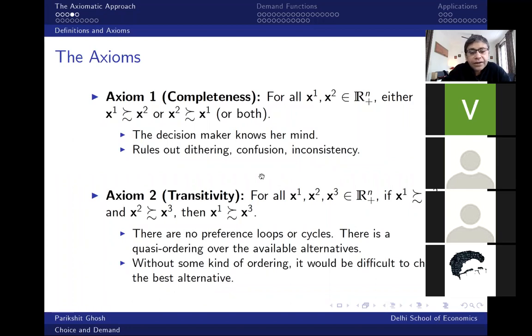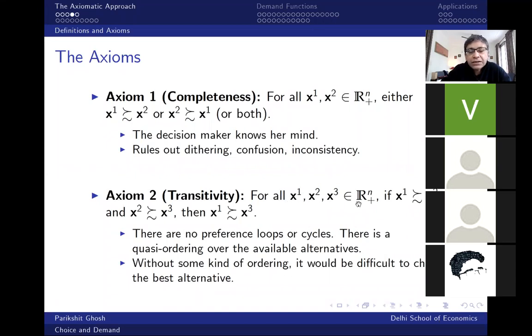Right? Anyway, we'll get into trickier issues later. Second axiom is transitivity. And I described transitivity a while back, so let's not belabor the point.